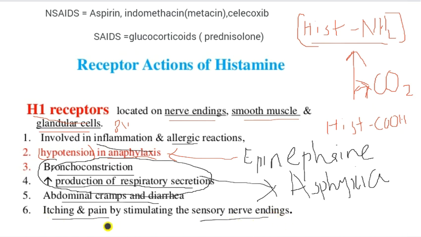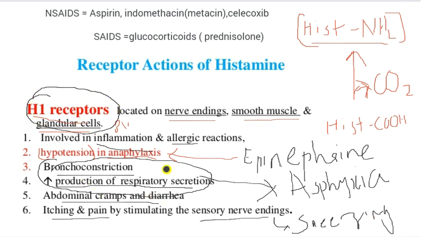Itching and pain stimulate the sensory nerve endings and lead to sneezing when some allergic substance like cold or dust is present. During this time we sneeze. This is because of activation of H1 receptors.